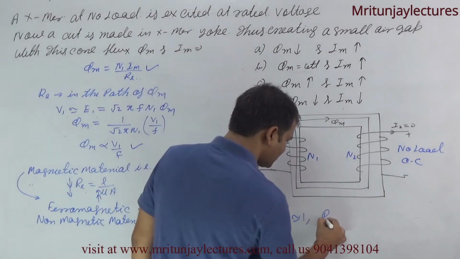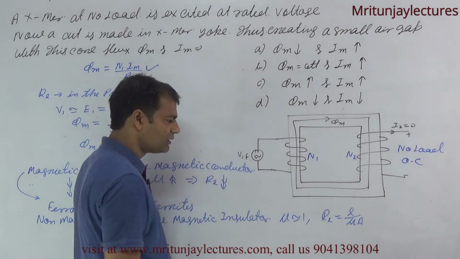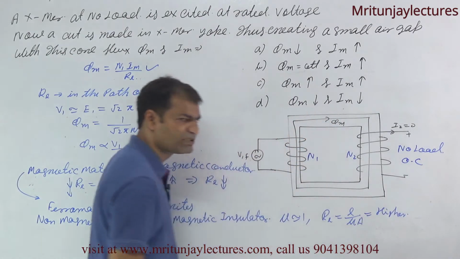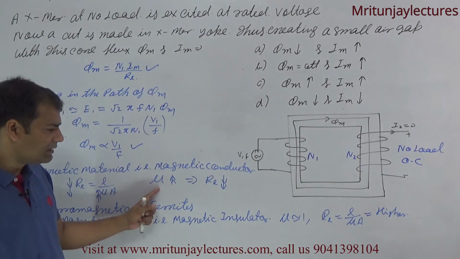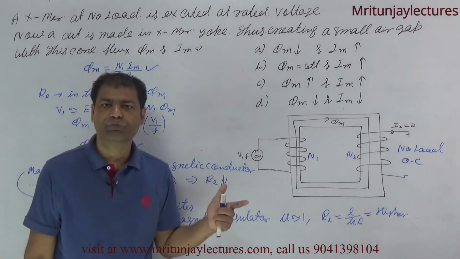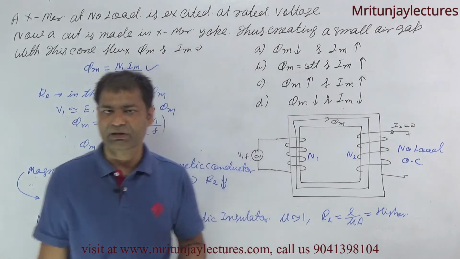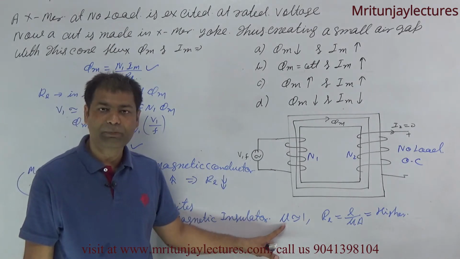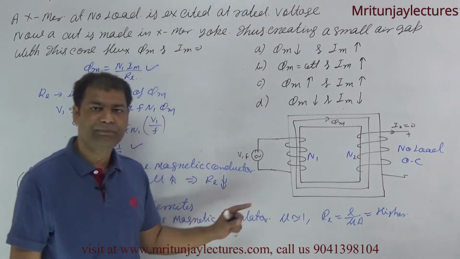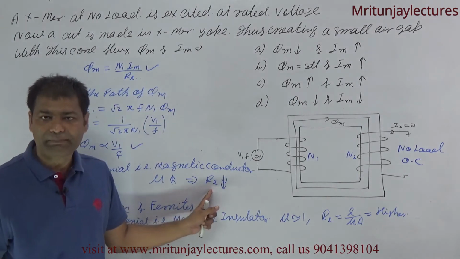In this case, reluctance L upon mu into A, if mu is closer to 1, the reluctance is higher, because mu in magnetic material is near about 4,000, 5,000, 6,000, 10,000, and in non-magnetic material mu is approximately 1. So reluctance in non-magnetic material is much higher than for a magnetic conductor.